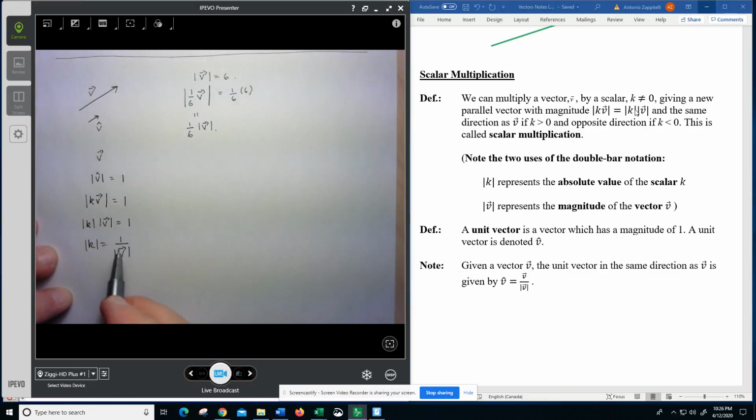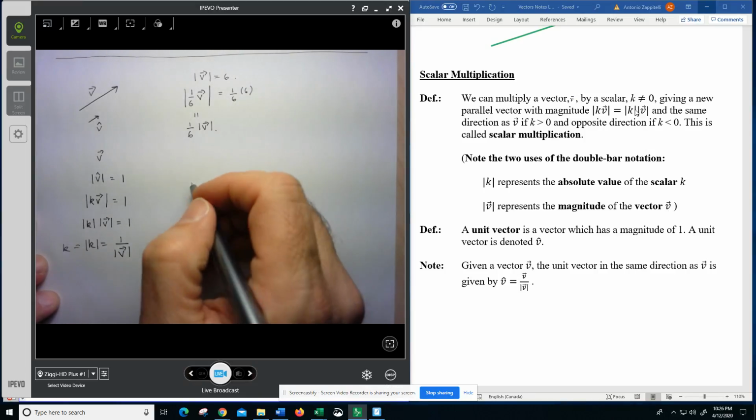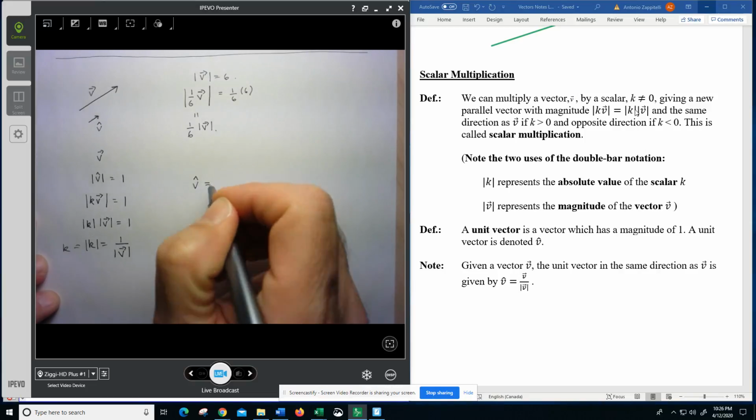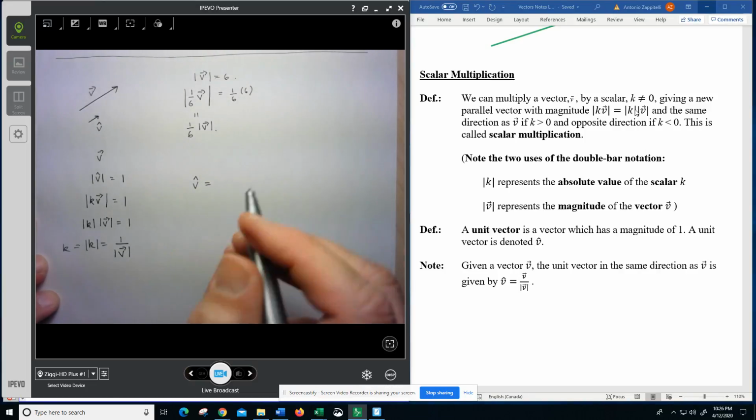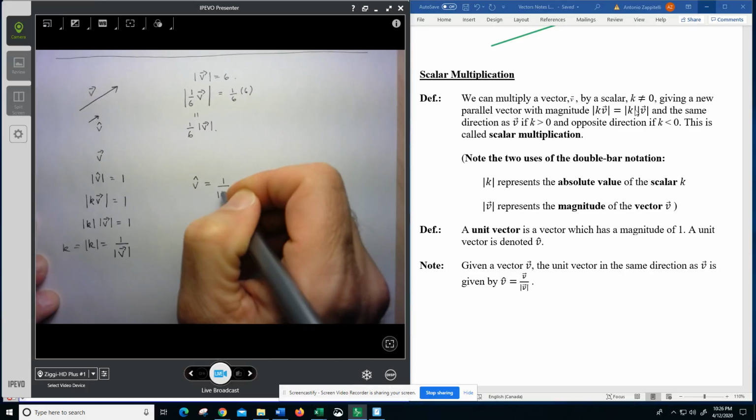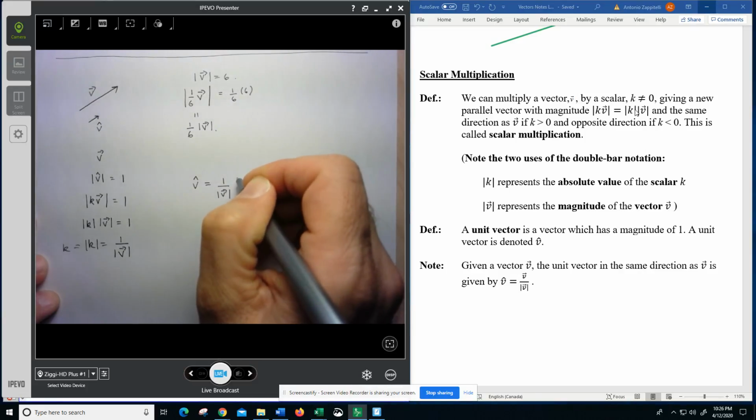All right, and since the magnitude of v is positive, this is in fact already going to be a positive number. So what is my k going to be? Just 1 over the magnitude. So what's going to be my unit vector in the same direction as v? 1 over the magnitude of v times v.